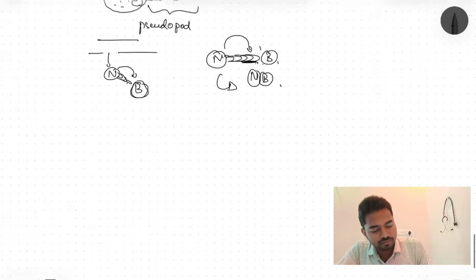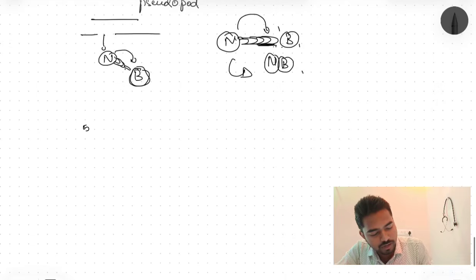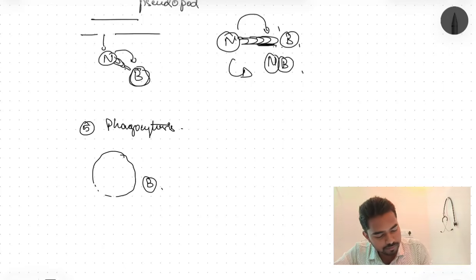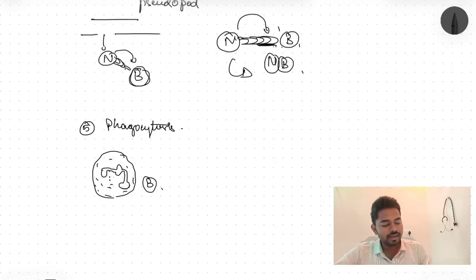Now phagocytosis will occur. See, bacteria was there, neutrophil came and reached bacteria.